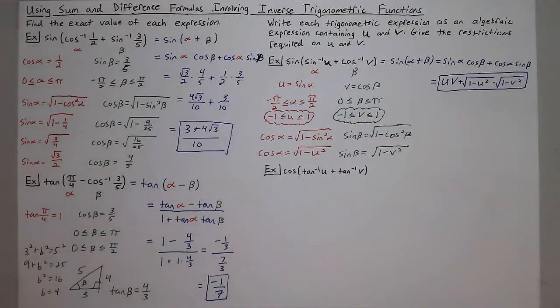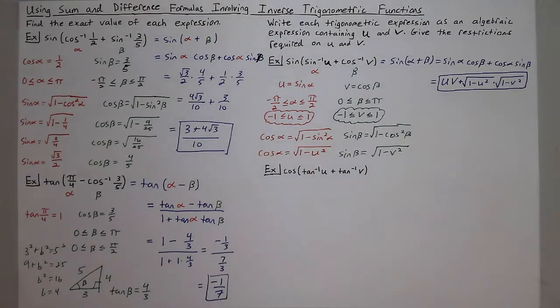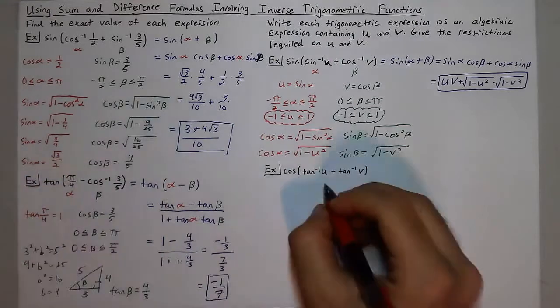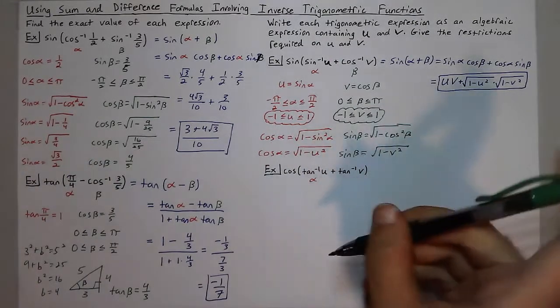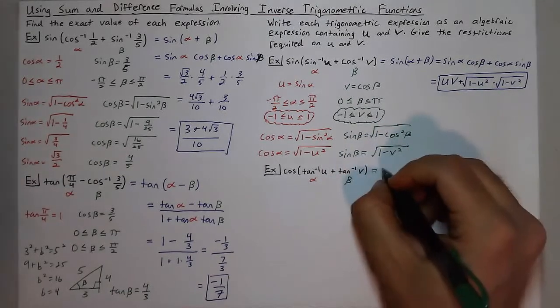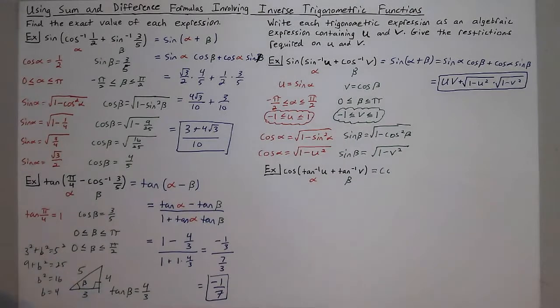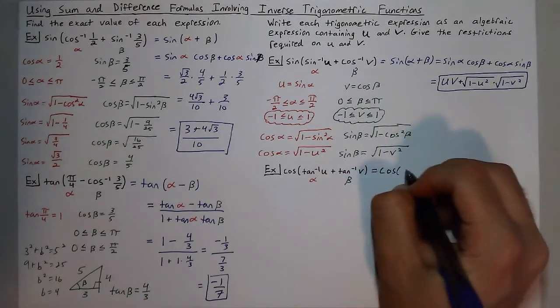Now let's try this again, but now let's involve tangents. So again, I have cosine of alpha plus beta. So I can use the identity of cosine of alpha plus beta.